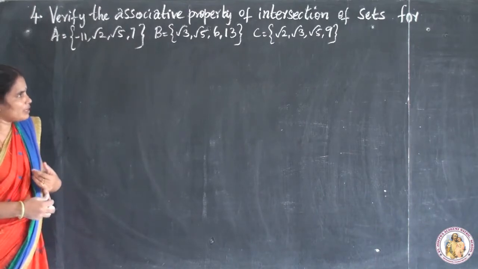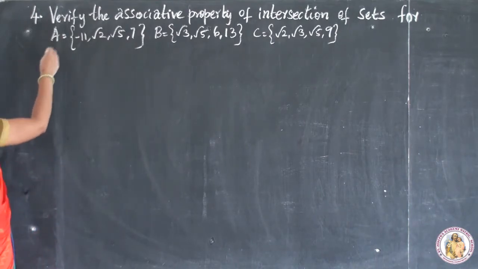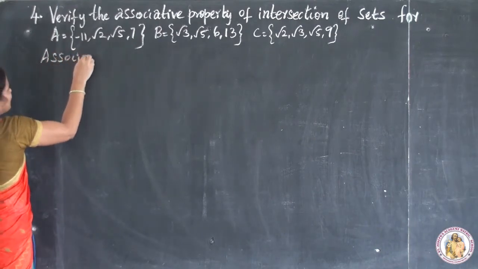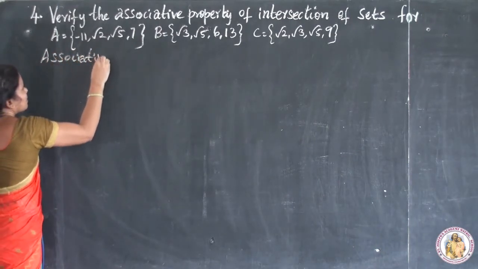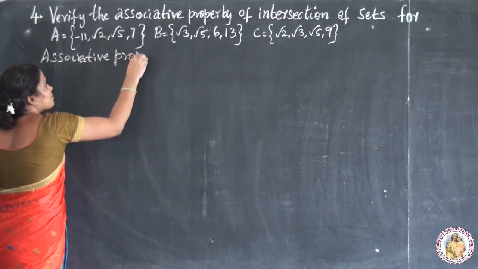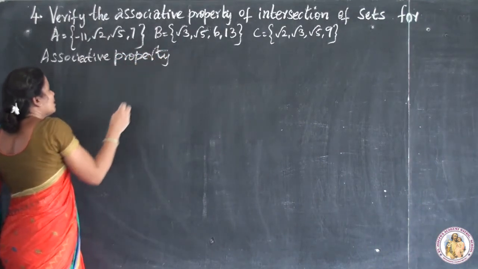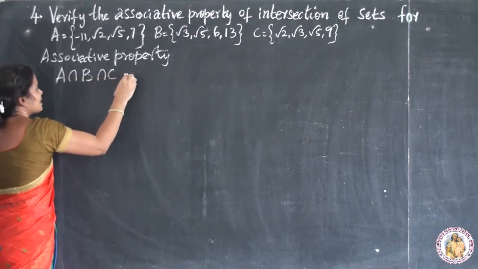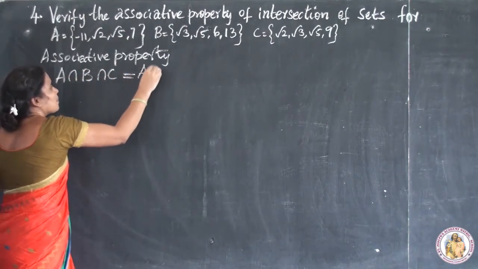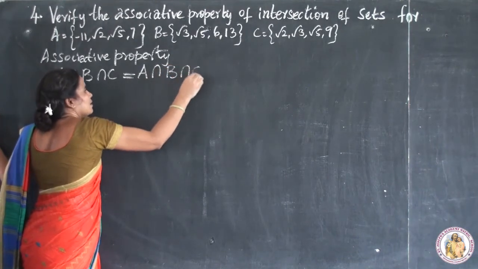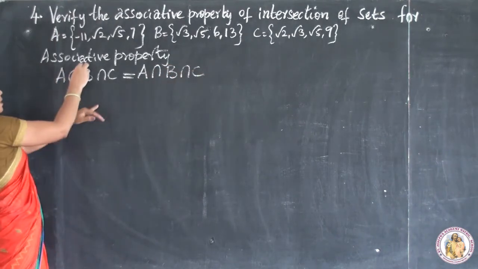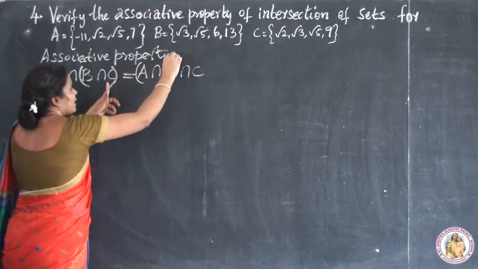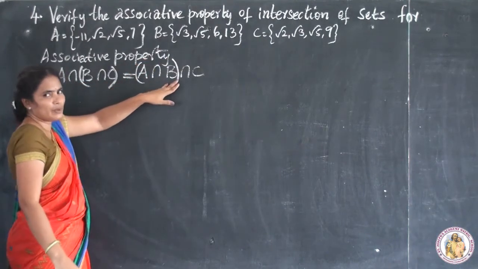Some elements are given. Let us see. First of all, write what is the associative property. The associative property is A intersection B intersection C is equal to, okay, what we have to do here: B intersection C and bracket for A intersection B. Very simple.